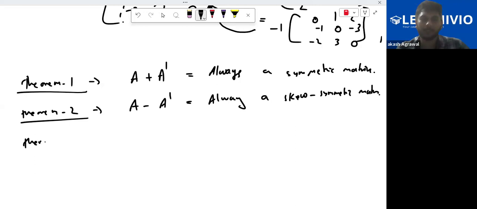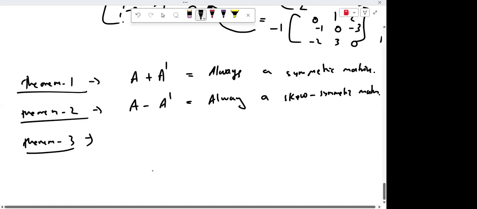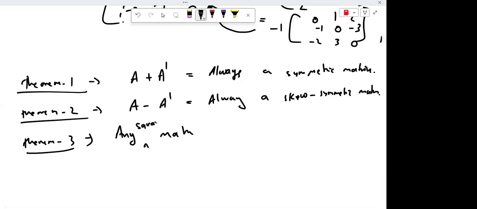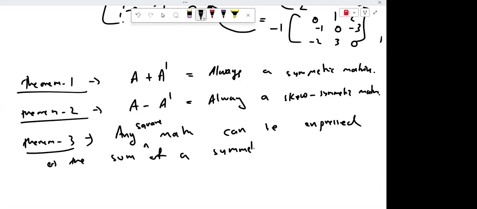And theorem 3 is: any square matrix can be expressed as the sum of a symmetric and skew symmetric matrix.